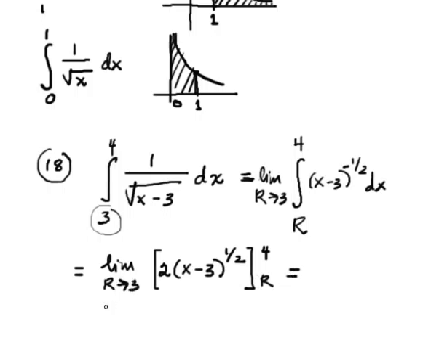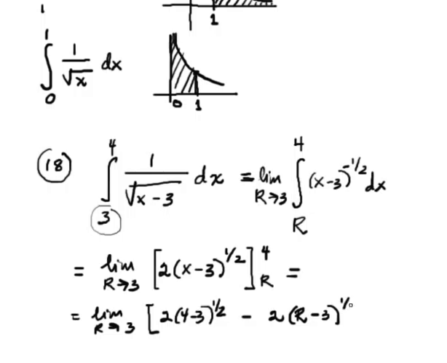So just writing this out, we have the limit as r goes to 3 of 2 times 4 minus 3 to the 1/2 minus 2 times r minus 3 to the 1/2.